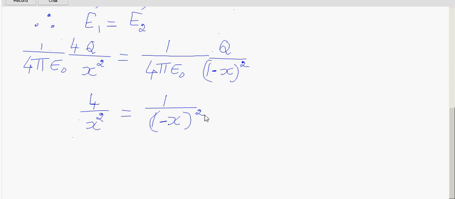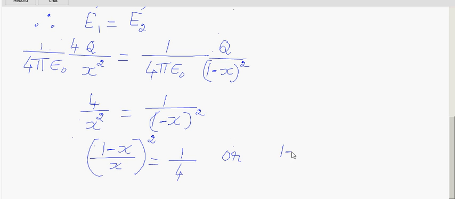Rewrite this equation. (1 minus x) divided by x whole square is 1 by 4. Taking the square root, we get (1 minus x) divided by x equal to half.